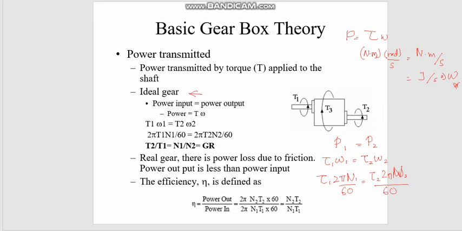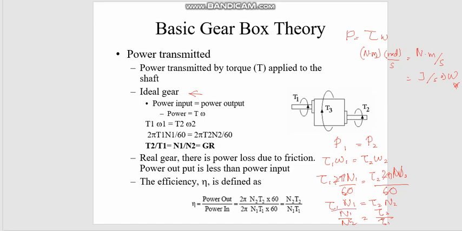So basically then I can cancel out all these terms, and what we have is tau 1 n1 equals tau 2 n2. So then I can rephrase this as n1 over n2 equals tau 2 over tau 1, right?